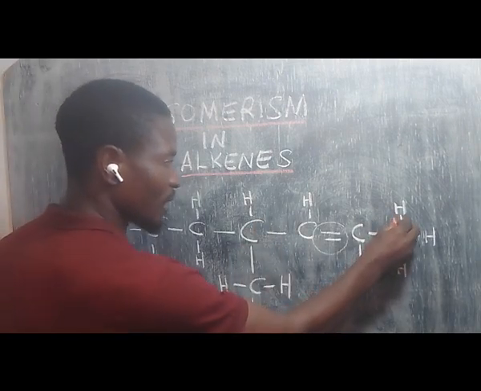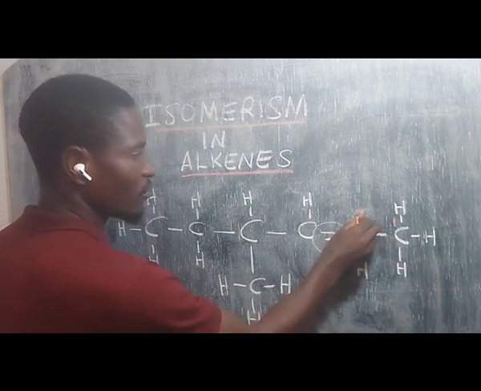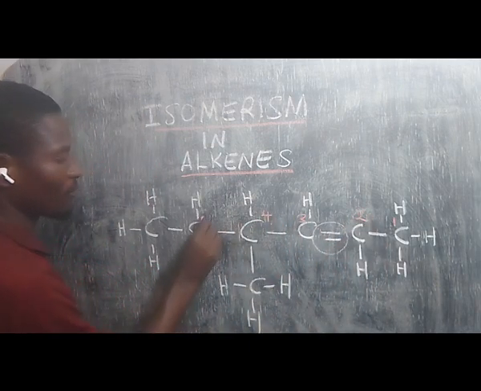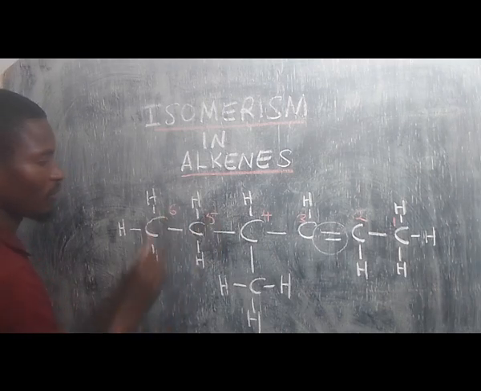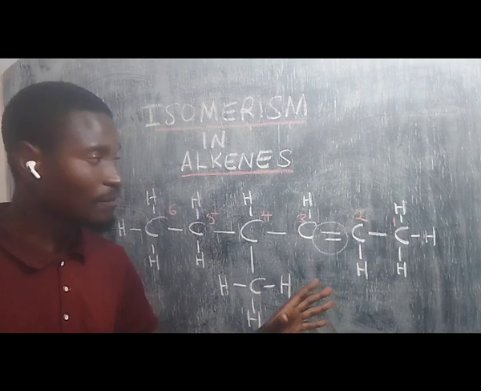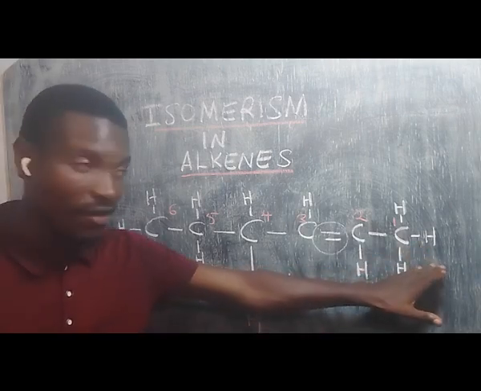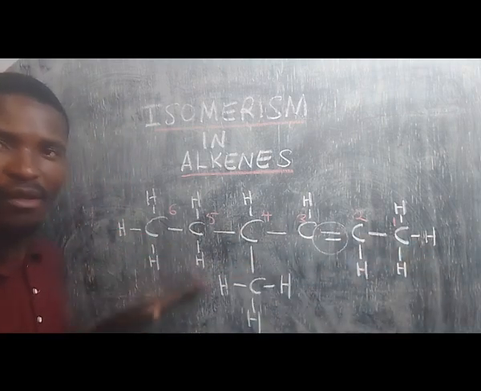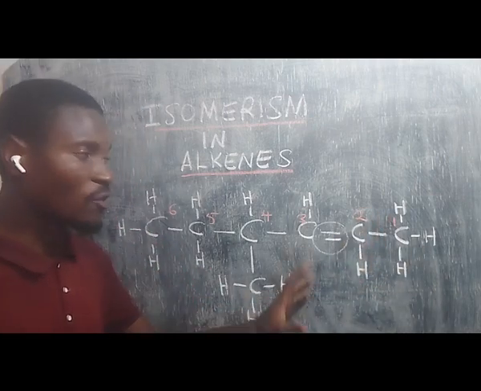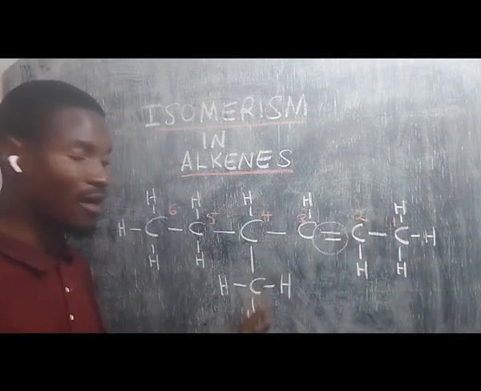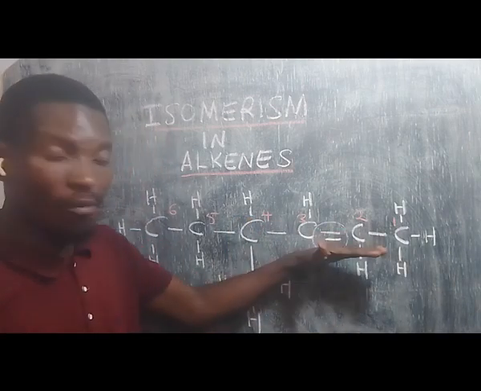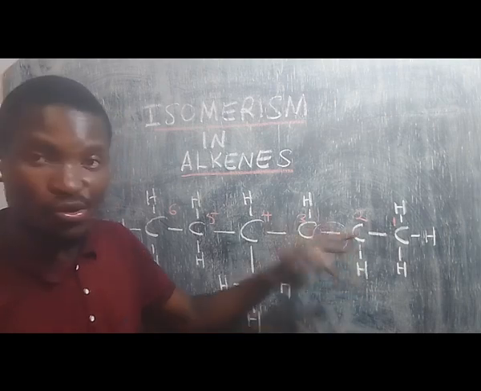So it's carbon number 1, carbon number 2, carbon number 3, carbon number 4, carbon number 5, carbon number 6. Okay, so when you look at the numbering, I start from the right going to the left. What this means is that I just want to track at what position of the carbon the double bond is occurring. Okay, so don't just end there. You do the opposite.